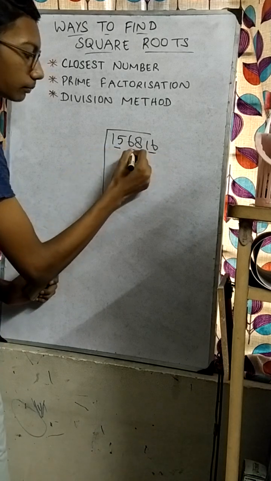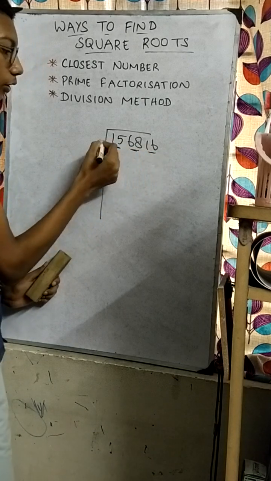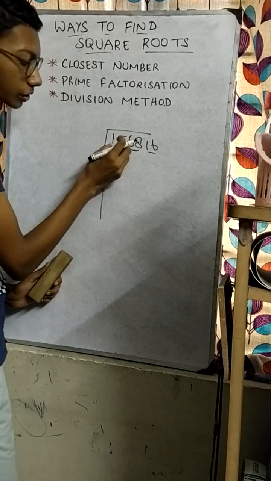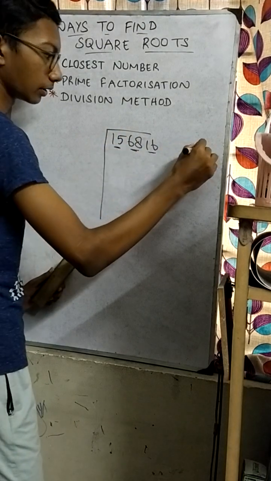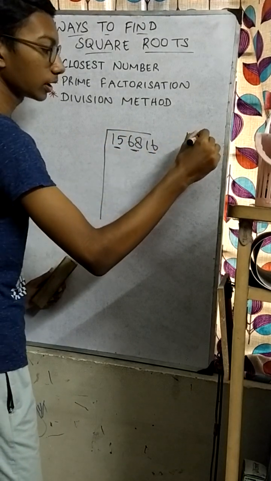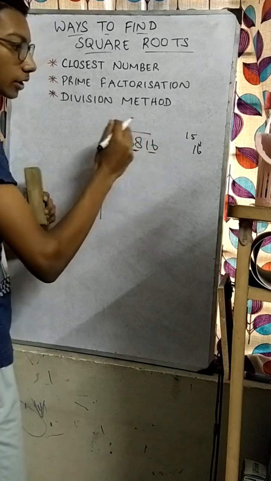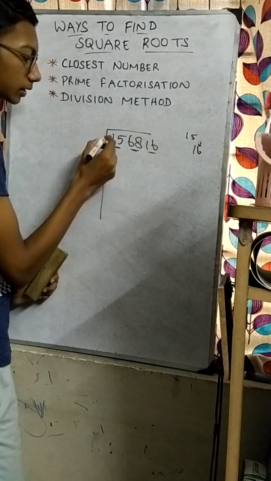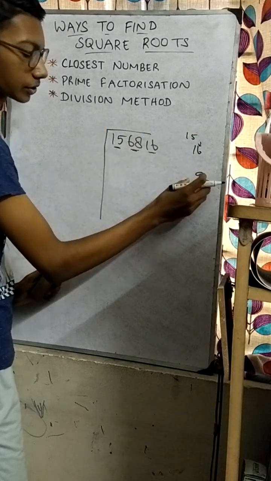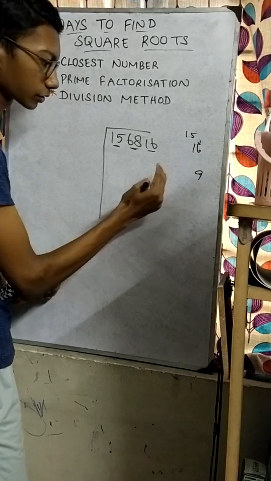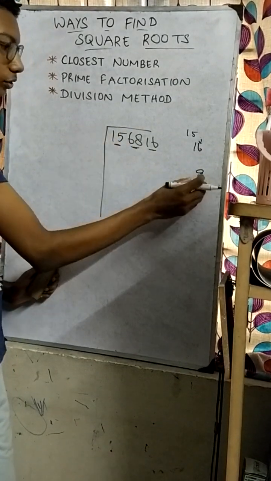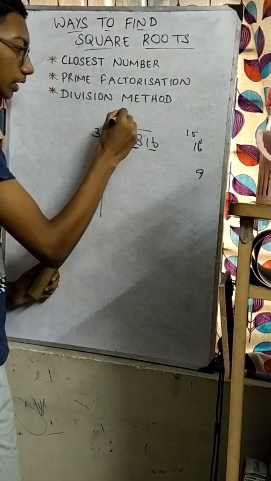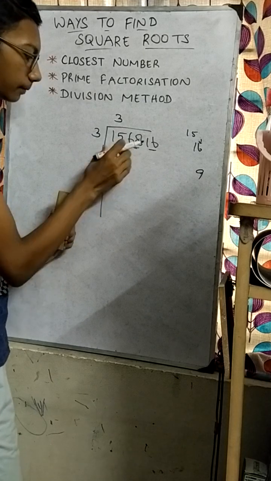Now the closest square number to 15 is 16, but 16 is larger than 15. So take the square number before, that is 9, the perfect square just below 15. The square root of 9 is 3. So 3 times 3 gives 9.